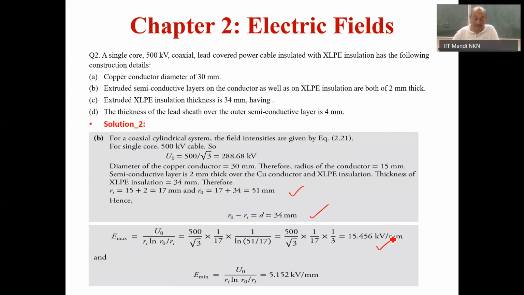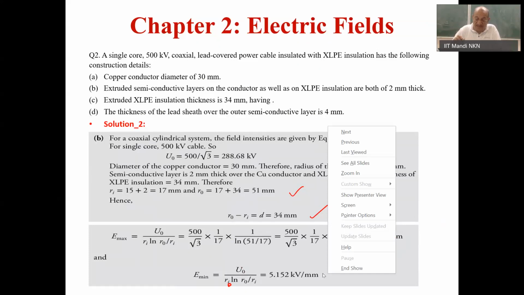And similarly, you work out the E minimum. Sorry, it is a misprint here. This should be RO, not RI. RO, corrected. So that will work out to be 5.152 kV per millimeter.